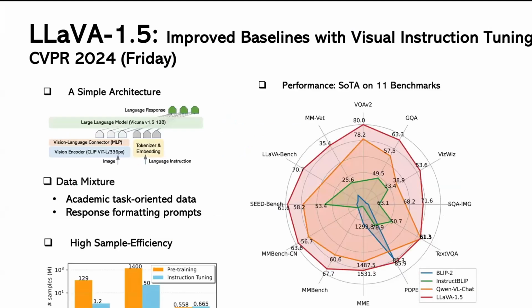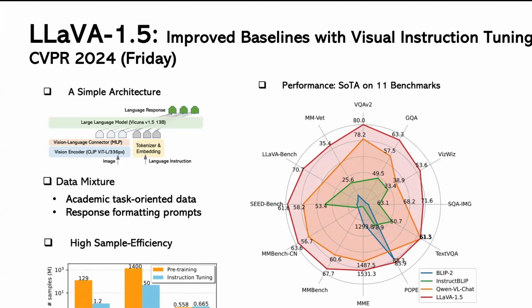Let's take a look at Lava 1.5. I will not dive into details, and there's a poster this Friday, and you may stop by and ask him detailed questions. So the motivation to build Lava 1.5 is that when we built the first version of Lava, we mainly focused on building a chatbot where people can ask anything and the model can respond, right? And it is mainly built for interaction with humans.